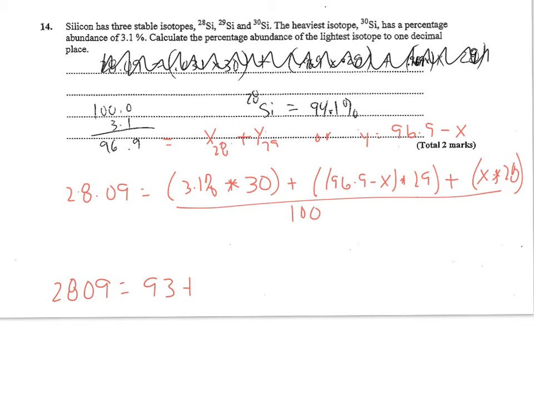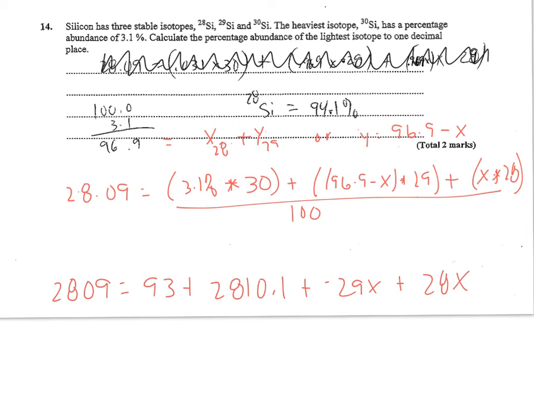Plus then I take the 29, if you can't read that, 29 times the 96.9 is 2810.1 plus a negative 29x plus the 28x.